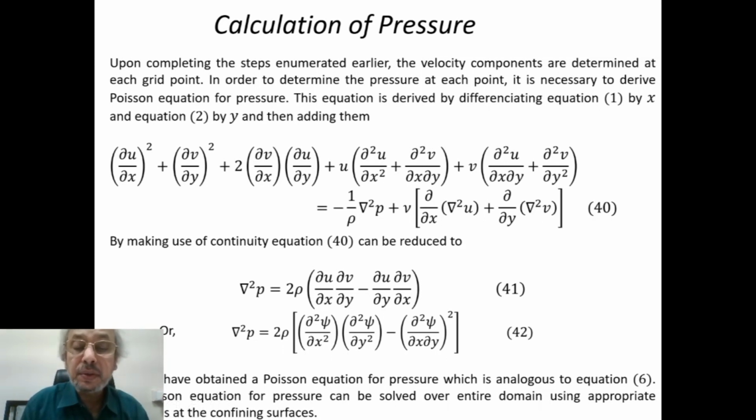Other terms will be 0, and the right hand side is explicitly known because all the values are known. By solving that, we will be able to determine pressure in the flow domain.